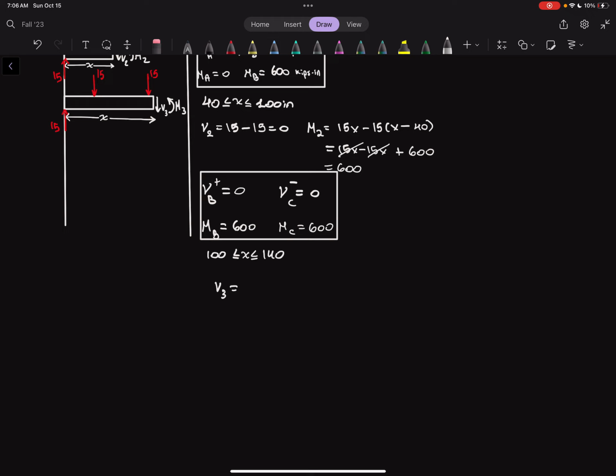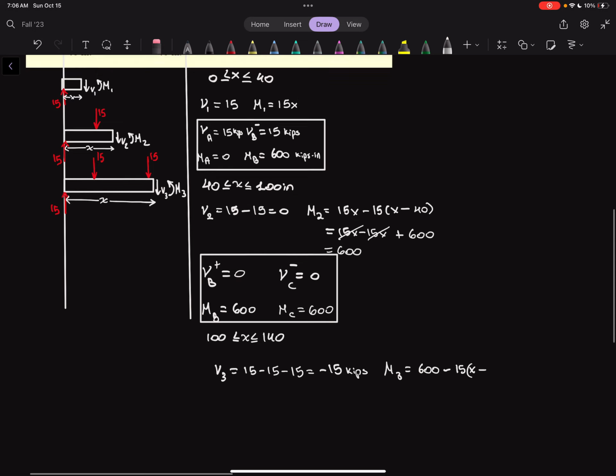We're going to see V3 is going to be equal to 15 minus another 15, which is negative 15. And then our M3 is going to be 600, whatever we had before. But now we need to add minus 15 times x minus how much?